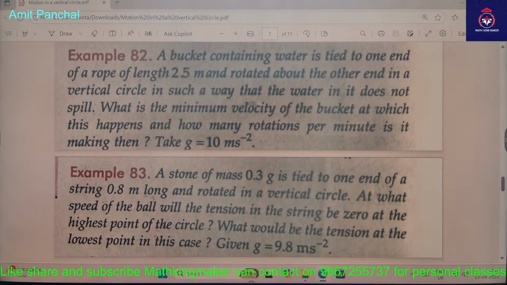So this means mv²/r is equal to mg, right? And the velocity v is what we need to find. Yes.